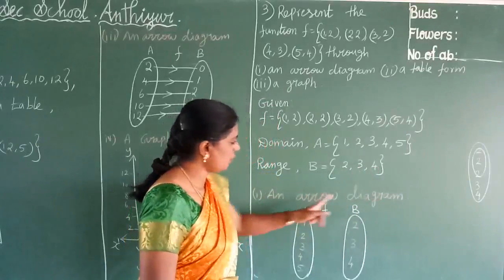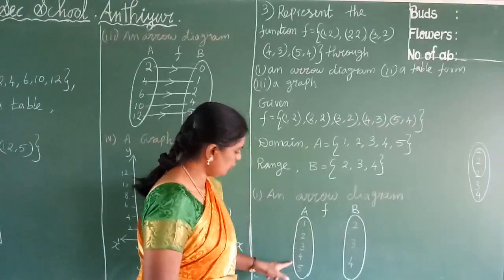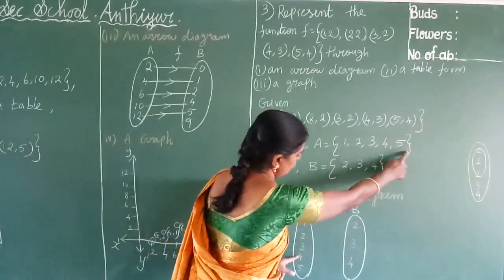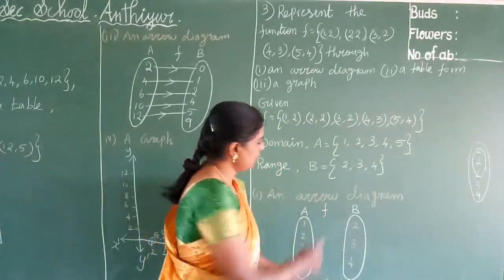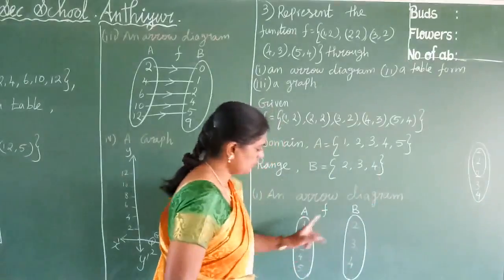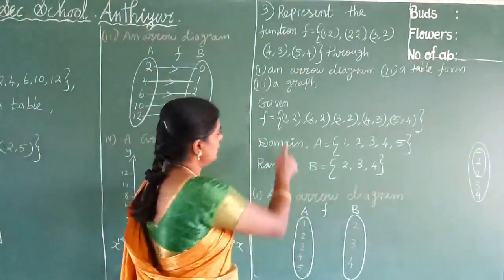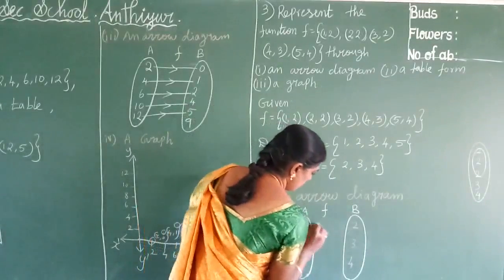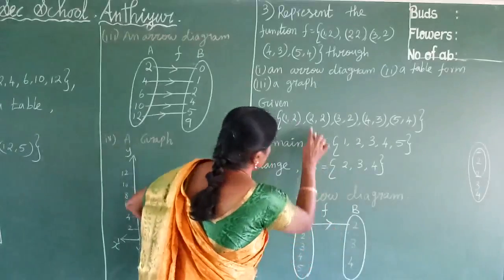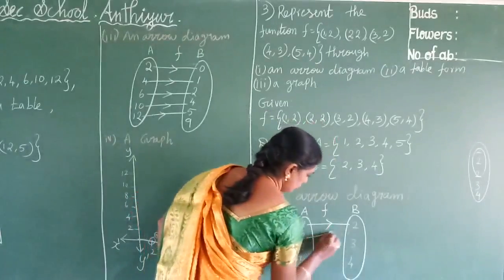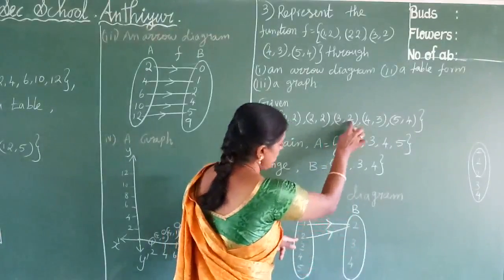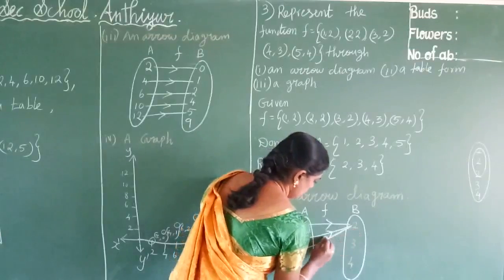First one, an arrow diagram. Write the domain 1, 2, 3, 4, 5 and codomain 2, 3, 4. So that is the range. See the ordered pairs. 1's image is 2, 2's image also 2, 3's image 2.